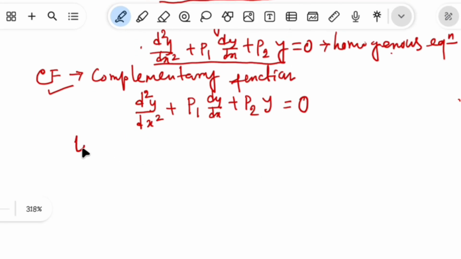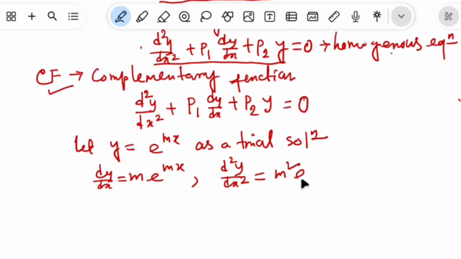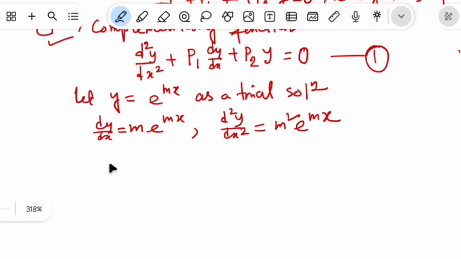Now let us take y equals to e^(mx) as a trial solution. Then students, what is dy/dx? dy/dx is m e^(mx), and second order differential d2y/dx2 is m square e^(mx). Let us replace the values in equation number 1.